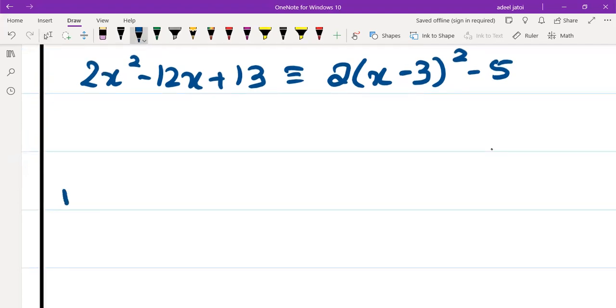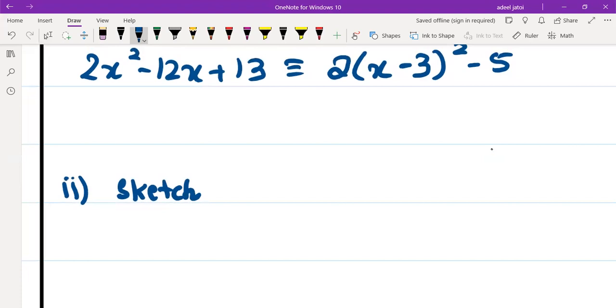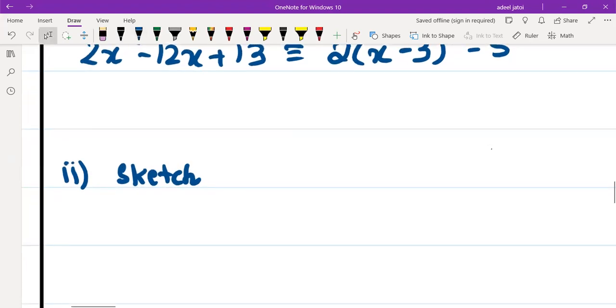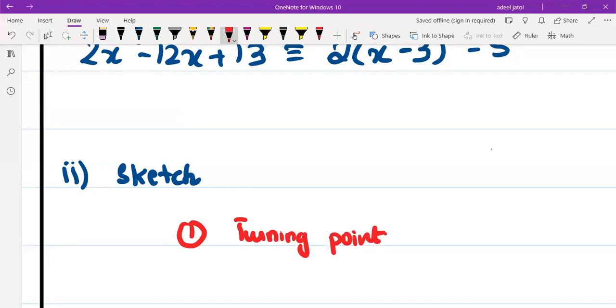The other part the question would want you to do is sketch. Sketch the graph. That means using what? There are three things that you need to use to sketch. Number one, the examiner would want you to write down the turning point.